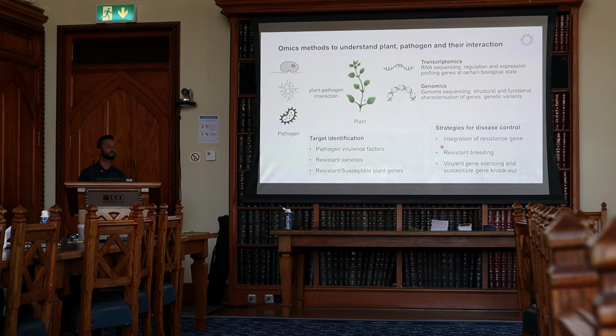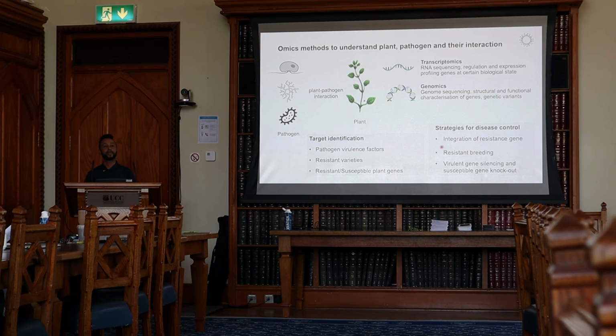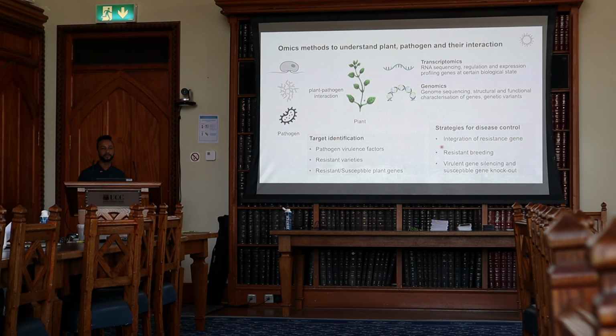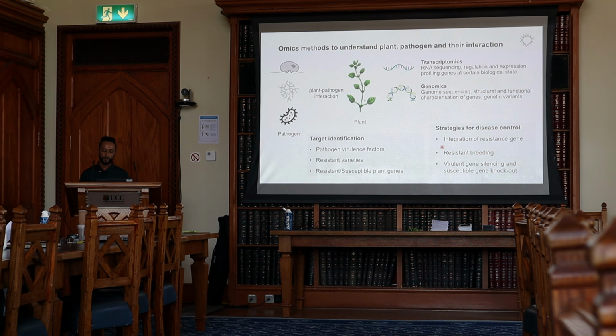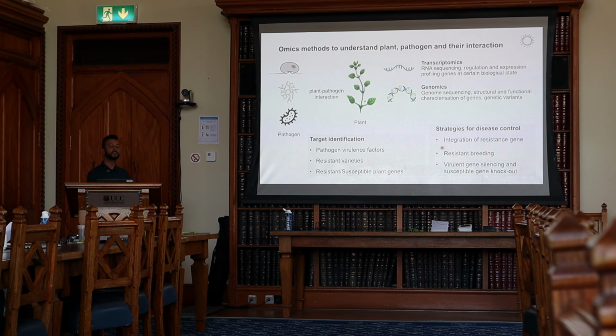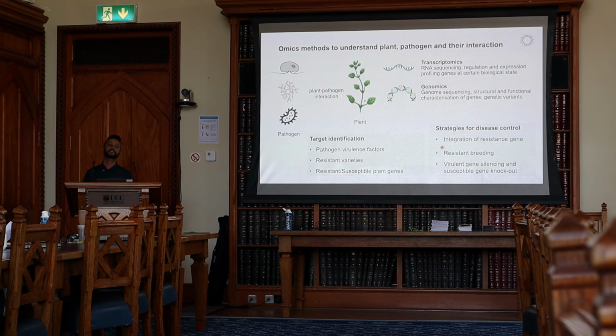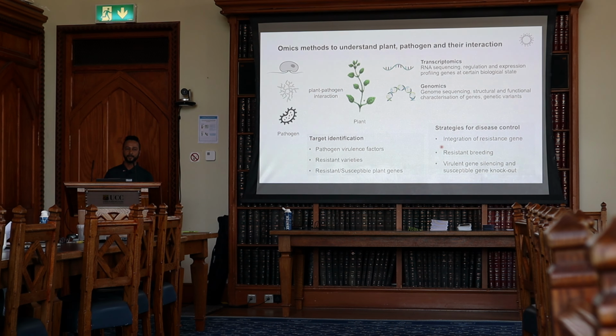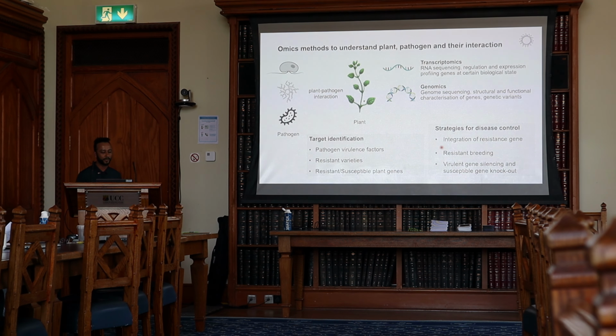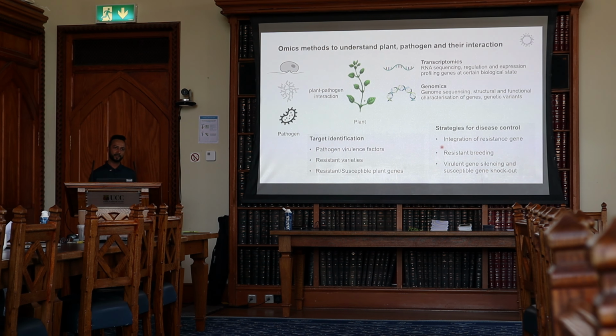By transcriptomics, we mean that we use RNA sequencing, we study the sequences at the RNA level, and that helps to understand the regulation and expression profiling of genes at a certain biological state. And genomics means studying genome sequences, and that helps us to understand the structure and functional characteristics of genes and genetic variants. By using transcriptomics and genomics, we can identify pathogen virulence factors, resistant genes, susceptible genes in the plant, and also resistant plant varieties.